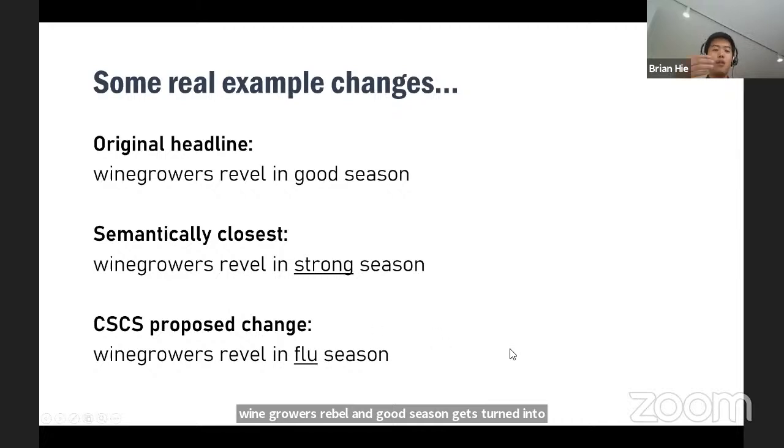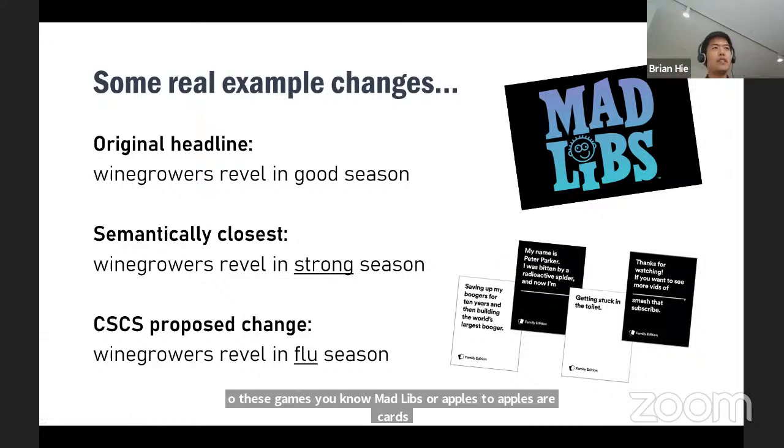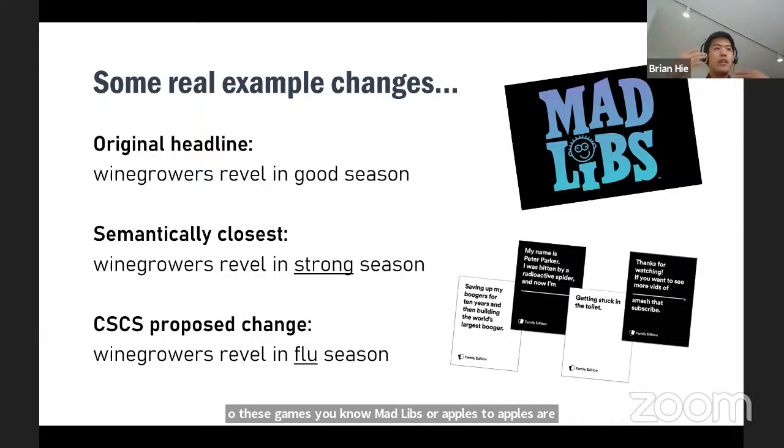And so when we stepped back and thought about this, what we're actually doing is quite similar to these games, Mad Libs or Apples to Apples or Cards Against Humanity, if you're familiar with these games. The reason why we find these games humorous is that what they're doing is enacting this constrained semantic change search.